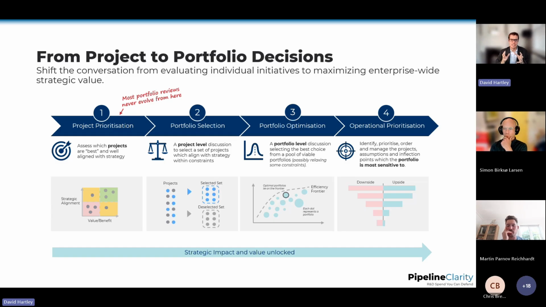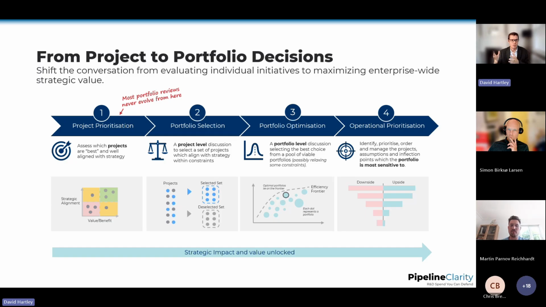And so what you are building into your portfolio model is an understanding of the operational reality of how that portfolio will be deployed, so that you can make the best choice of portfolio, not just from a theoretical value and risk lens, but also from an operational feasibility lens as well.